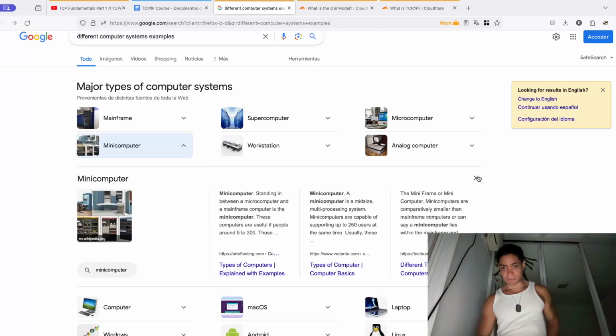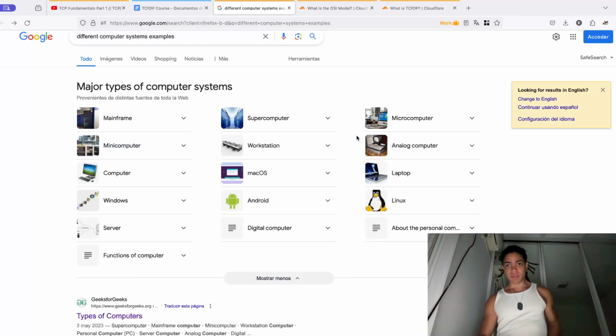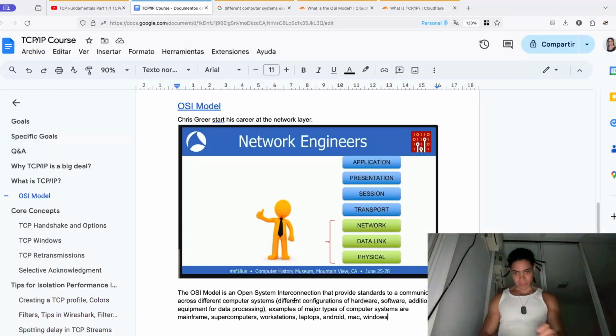So examples of types of computer systems: mainframe, supercomputers, mini computers, microcomputers or personal computers, PCs, workstations, laptops, Android, Mac, and Windows.